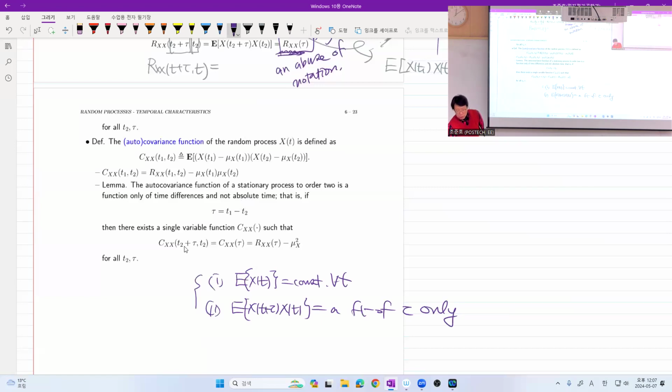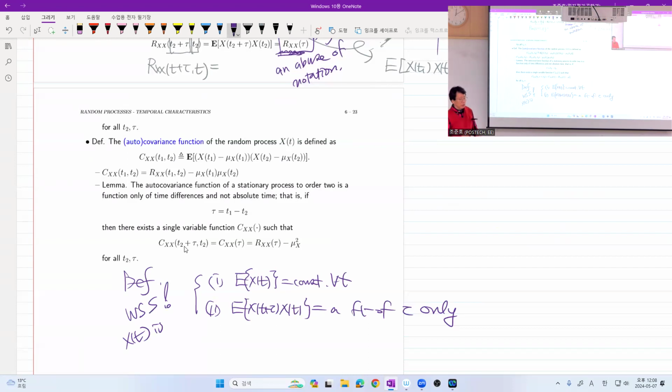Since it's difficult to check whether a random process is stationary to order 2, but sometimes it's easier to check its mean path, and that the autocorrelation function is a constant and a function of tau only, we define something new. A random process x of t is wide sense stationary.